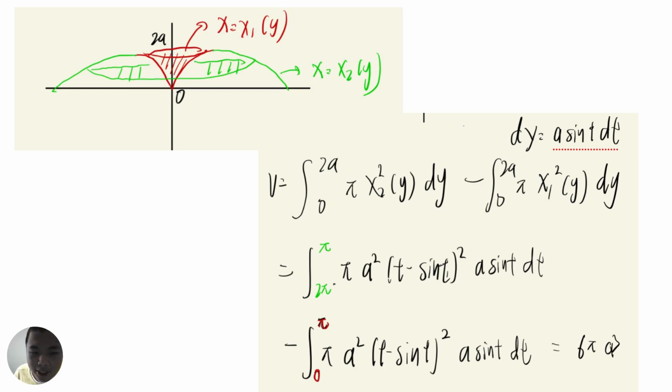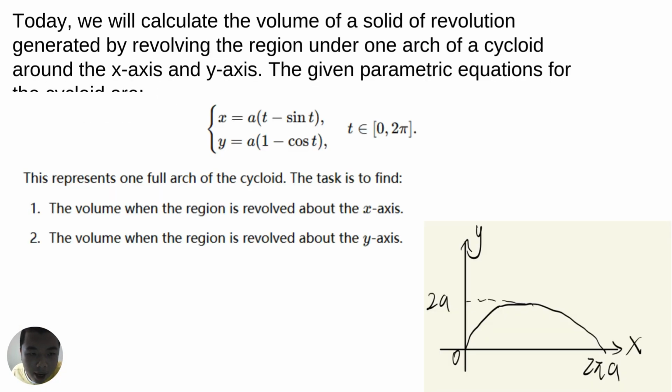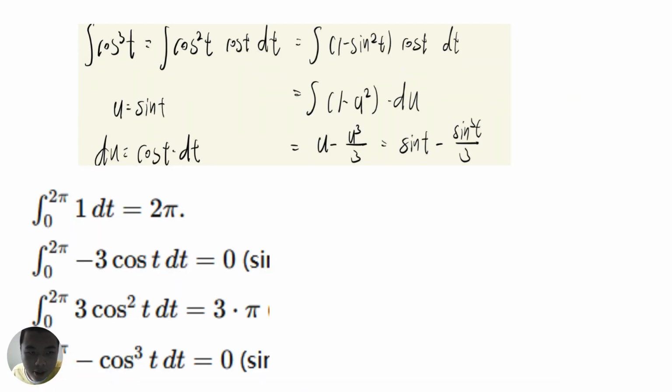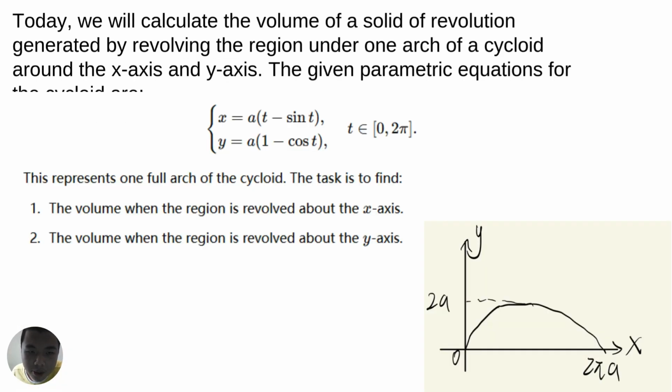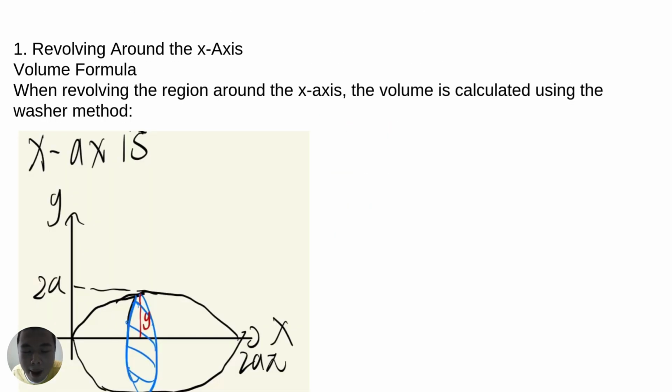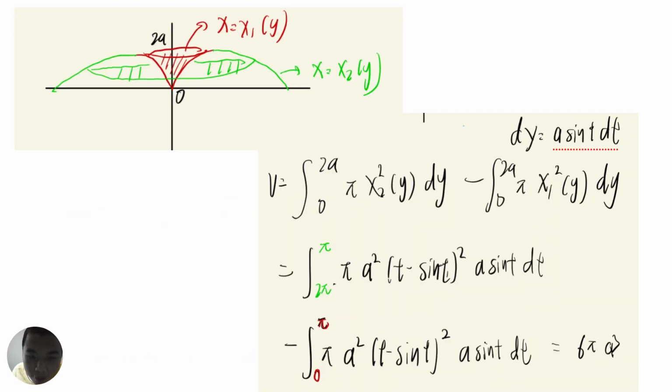So we can find it like this. This one is from 0 to 2a of pi times x2 square y minus x1 square y dy. Then we choose y. Where is y? Y is here. No, x is here. x equals a times (t minus sine t). We can find it like this.